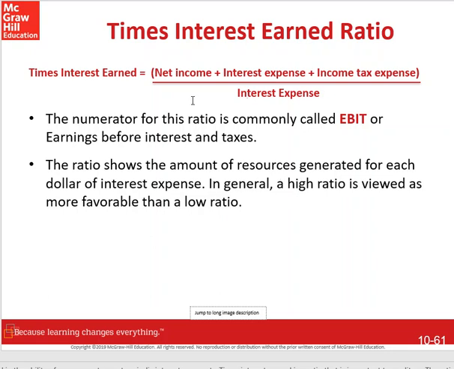If your ratio is extremely high, it might be because your interest expense is extremely low. So if your denominator, your interest expense is really low, your ratio would end up being quite high, which almost might be too conservative. It means that maybe we're not taking advantage of positive financial leveraging.